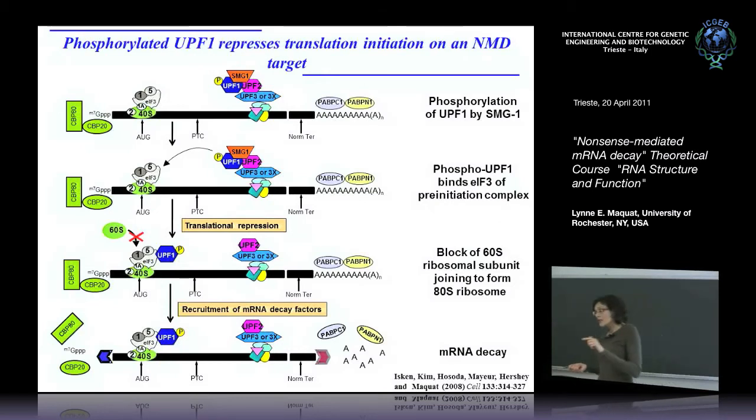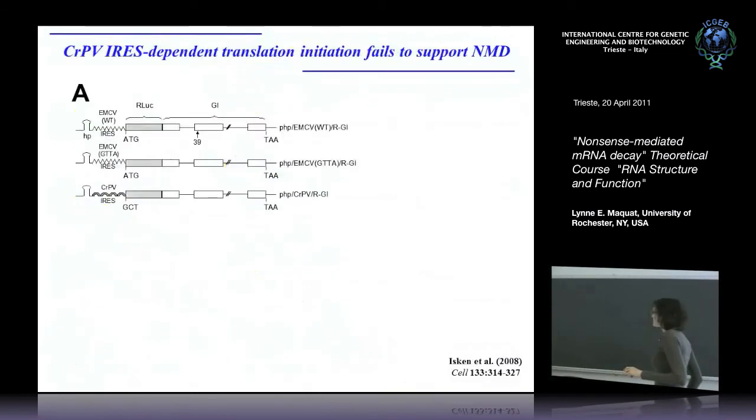And he chose the EMCV IRES because we knew we could debilitate it to a weak enough activity to recapitulate the weak activity of the cricket paralysis virus IRES, because we couldn't have any differences in the initiation efficiency. Otherwise, we'd have differences in the termination efficiency. So that's one of the many ways he showed this mechanism.